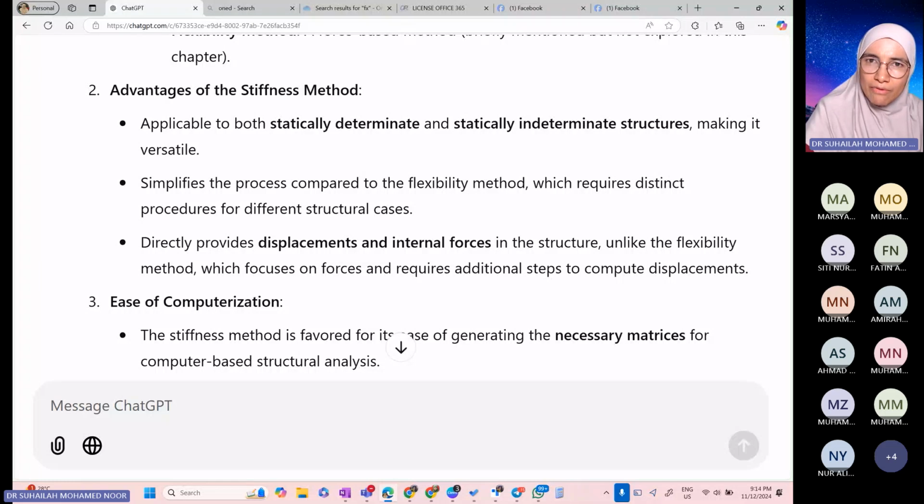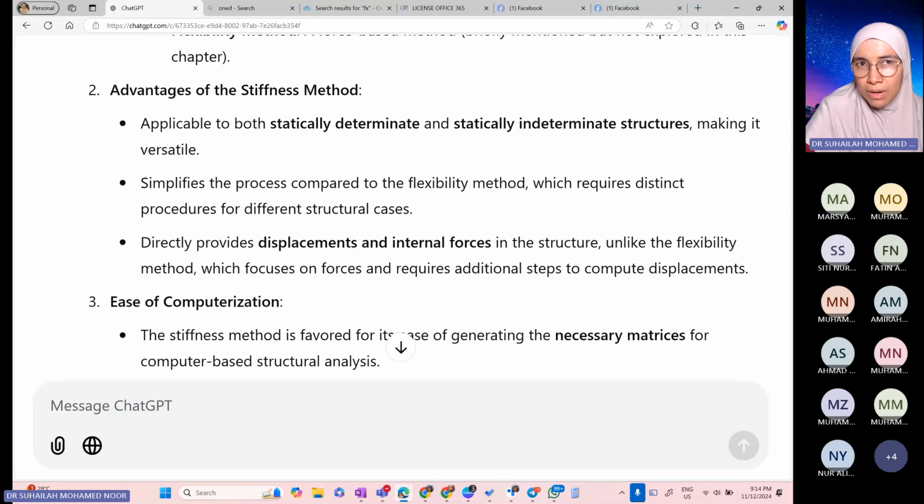Sebab bila kita apply flexibility tu maknanya equilibrium equation not enough. Then only we apply flexibility method. But for stiffness method, if we want to analyze determinate, also we can use stiffness. If we want to analyze indeterminate structure, also we can use stiffness method. So this is the first advantage.